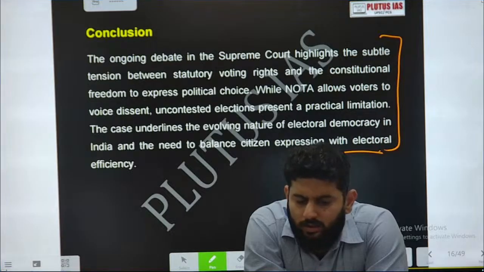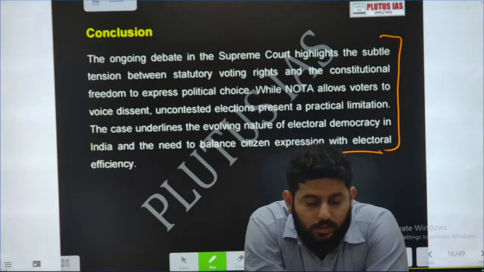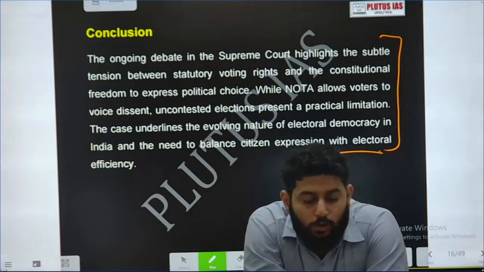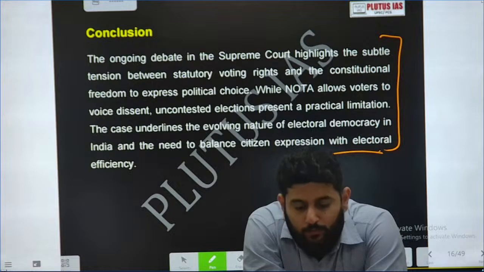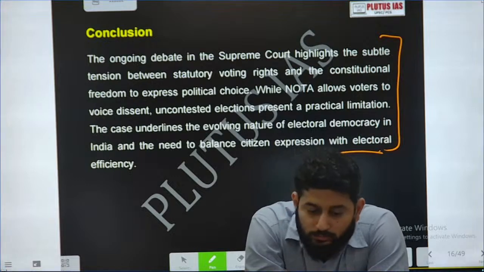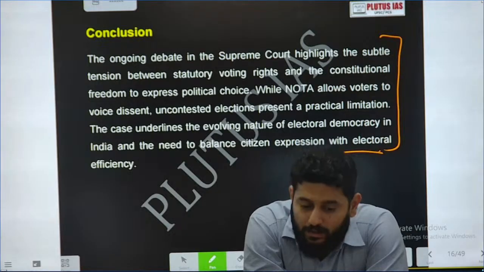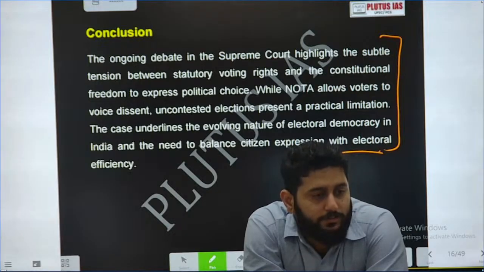One is the Law Commission. The 255th report of the Law Commission called for reform in RPA for fair elections. Second ARC 2008 stressed ethical and participatory elections.